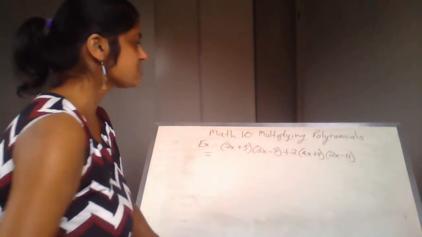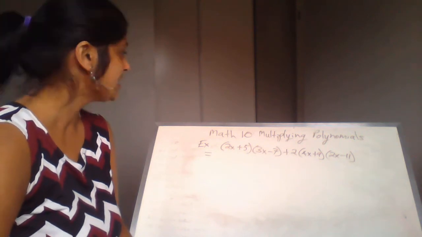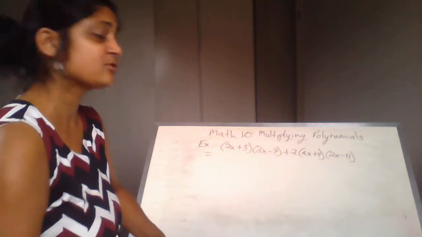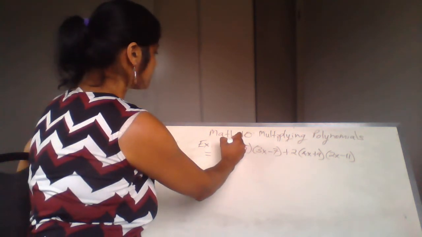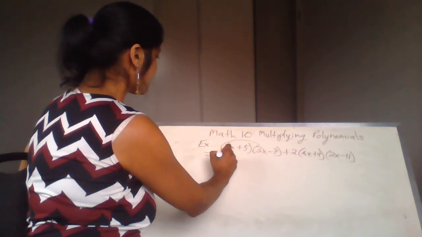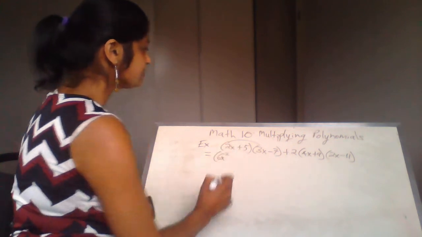What we're going to do is expand the binomials. And if you want, you can do that in one step as well. So I'm going to show you how to do that. First you're going to start with this, and here we're just going to put brackets. Keep everything in brackets. So 2x times 3x, 6x squared.